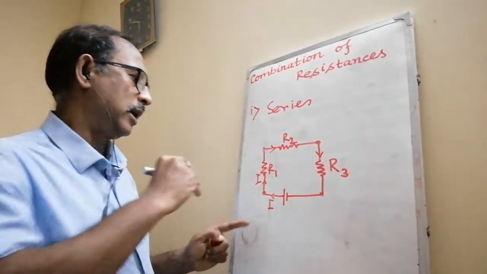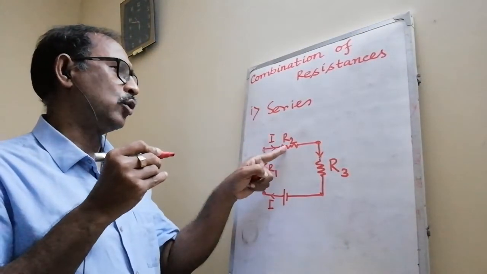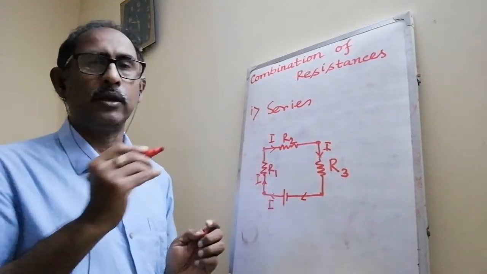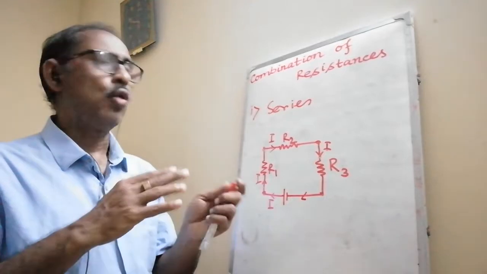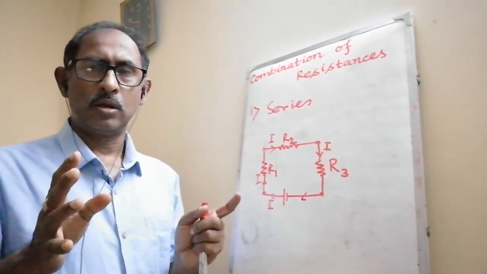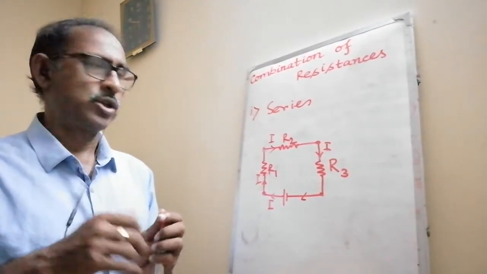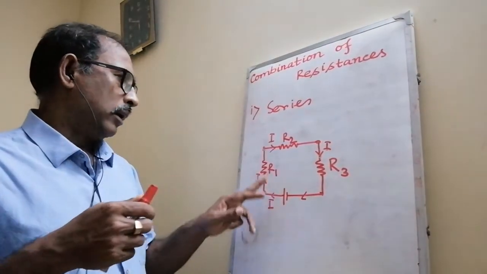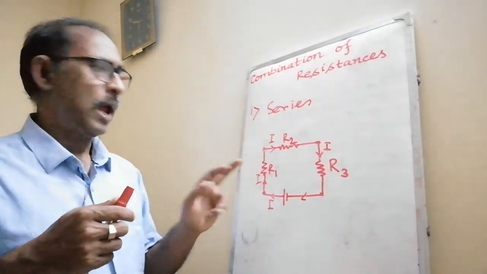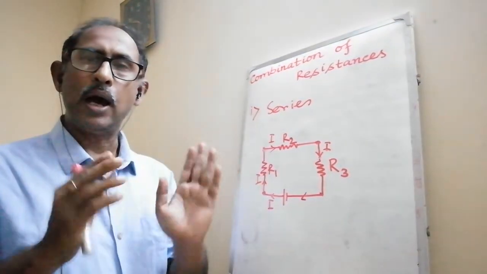The current is I through R1, the current through R2 is also I, and the current through R3 is also I. That means through all the resistances, the same current flows. But the potential difference across the different resistors is different.